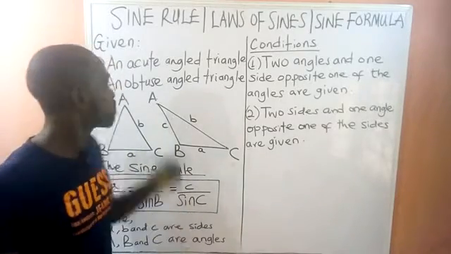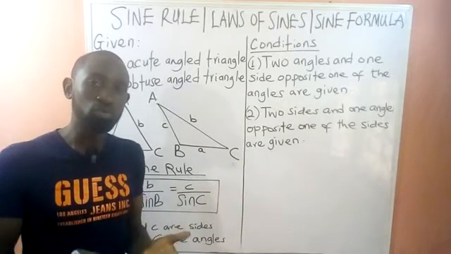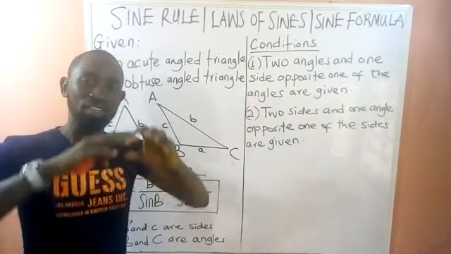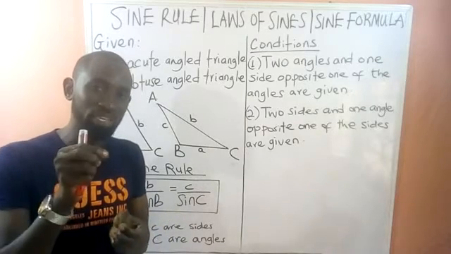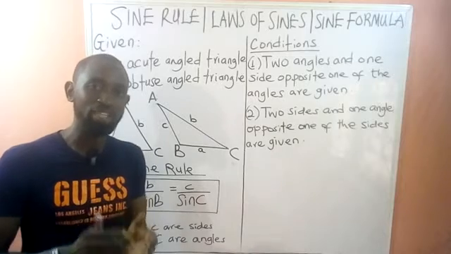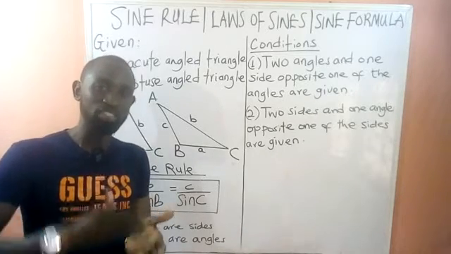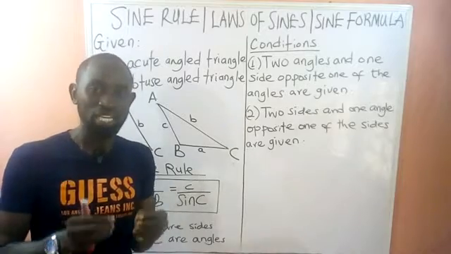The question now is, what is an acute angled triangle? An acute angled triangle is a triangle where the angles are more than 0 degrees, but less than 90 degrees. Which implies any angle that is more than 0 but less than 90 degrees, we call it an acute angle.